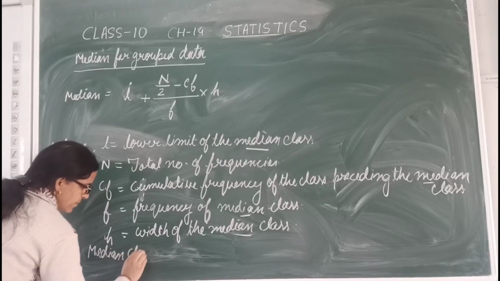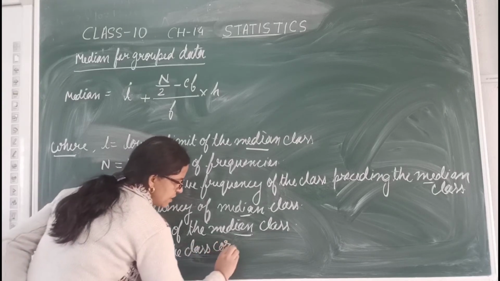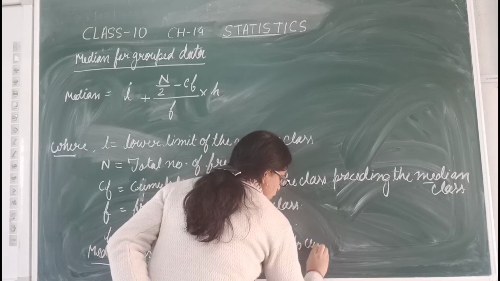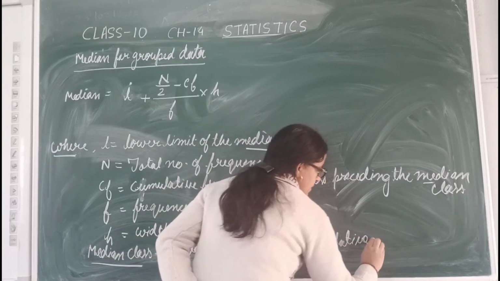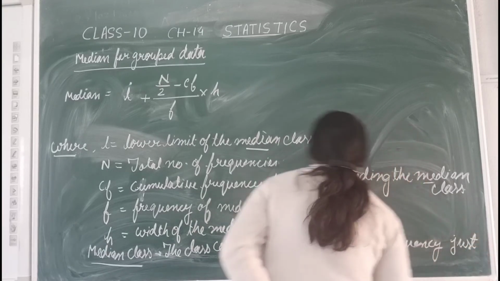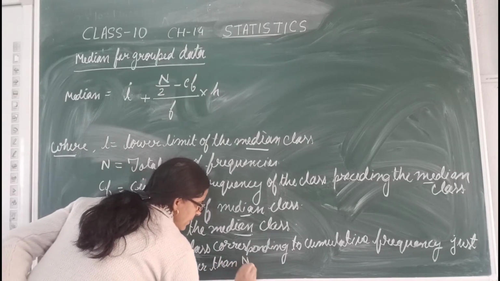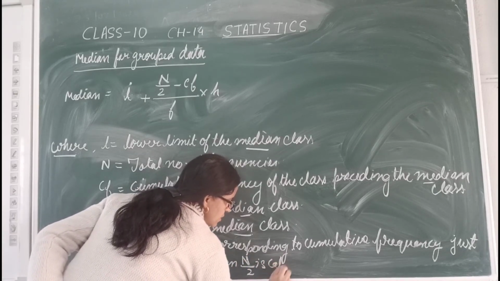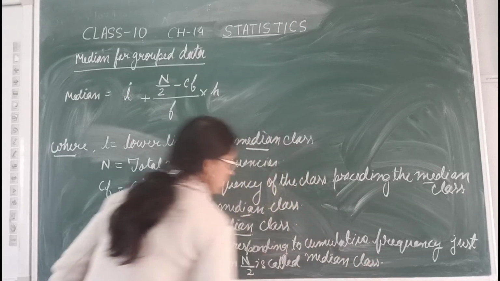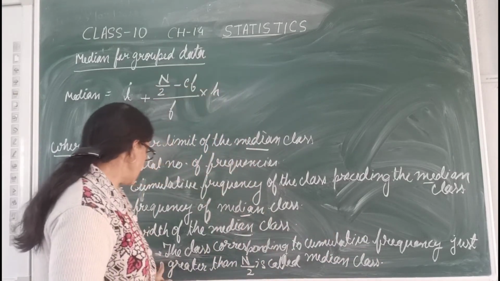Median class: the class corresponding to the cumulative frequency just greater than n by 2 is called the median class.